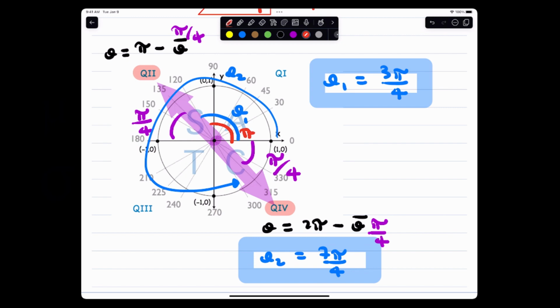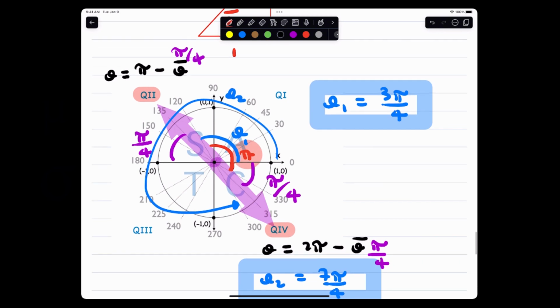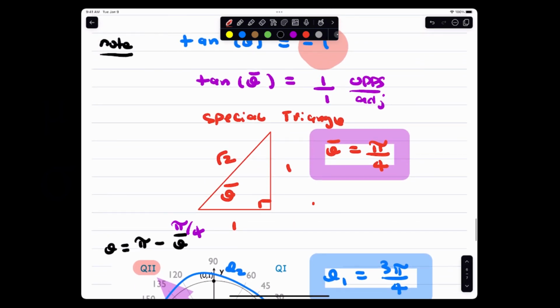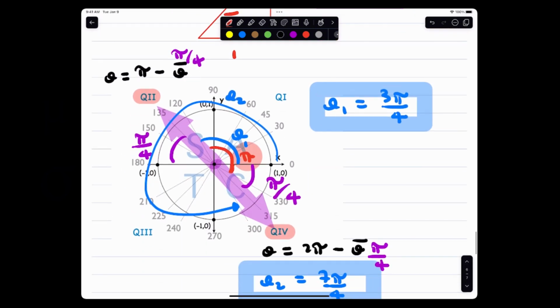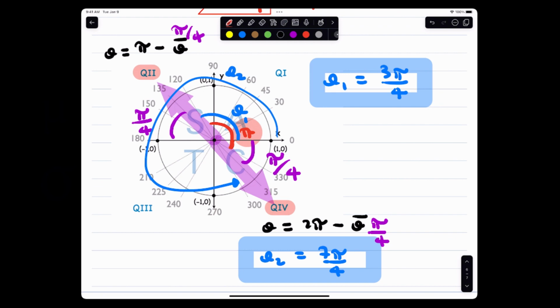That's pi, right? There you go, ladies and gentlemen. Easy peasy lemon squeezy.